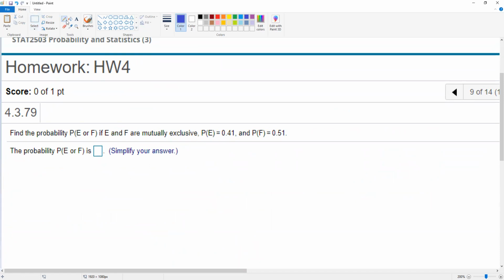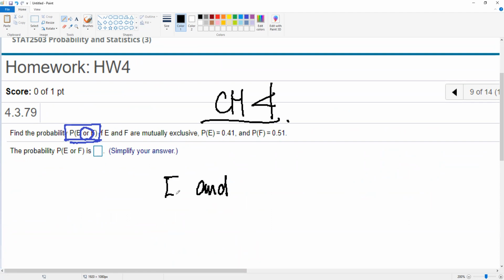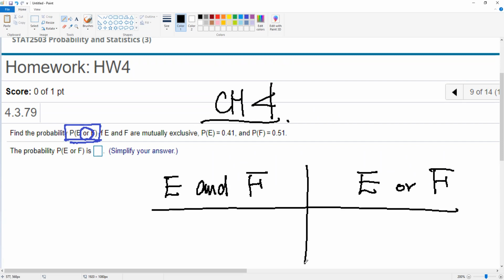In number 9, we need the probability of E or F. In chapter 4, probability, we are going to have 2 cases. For example, E and F. The other one, E or F. So please remember the 2 cases.